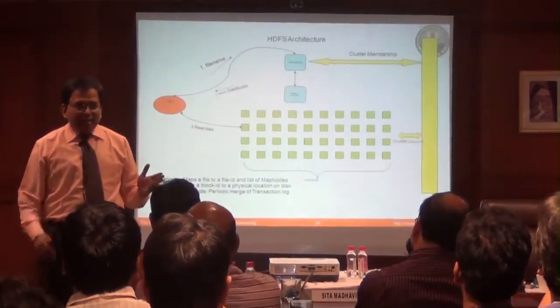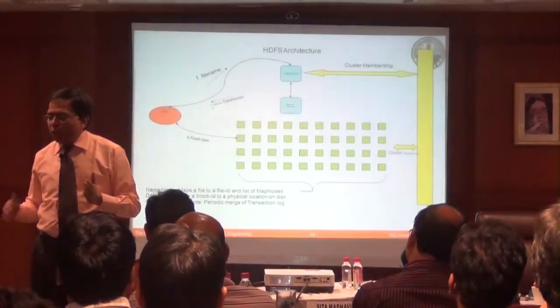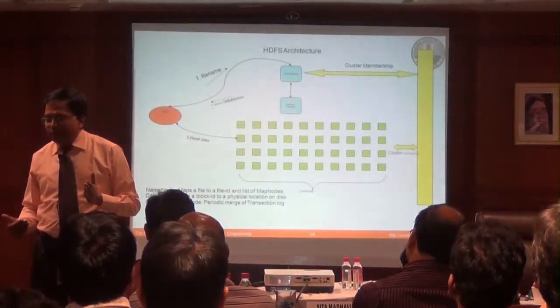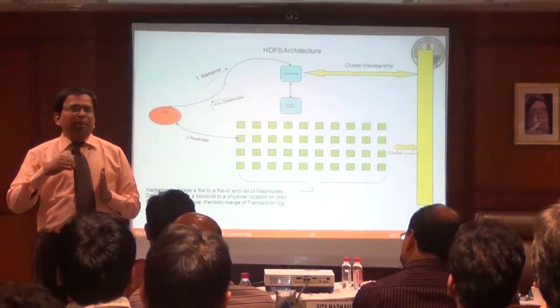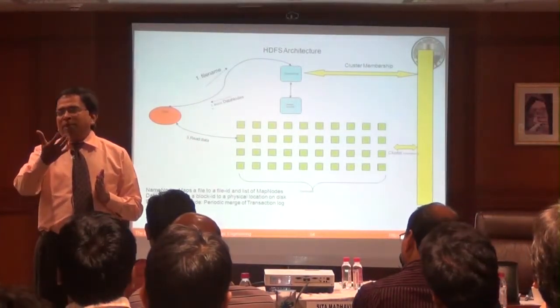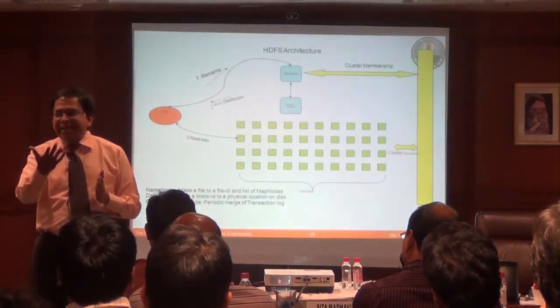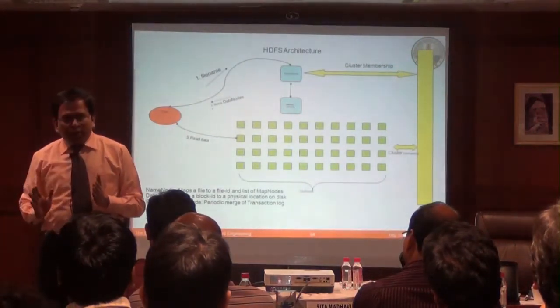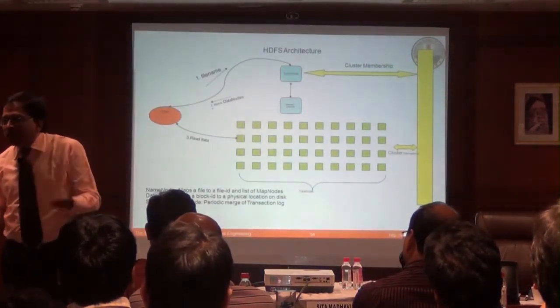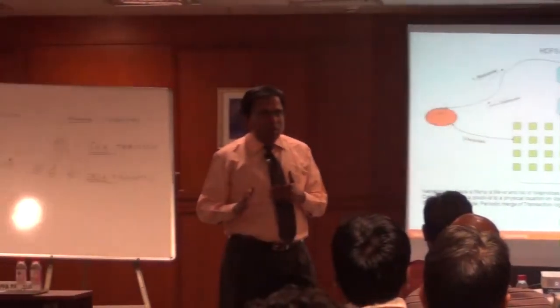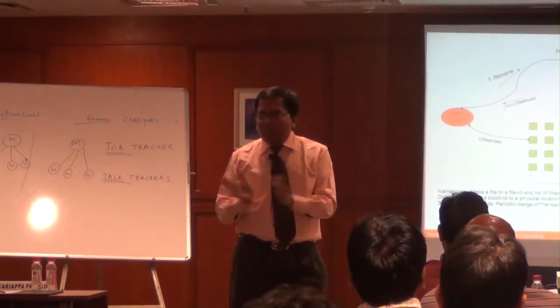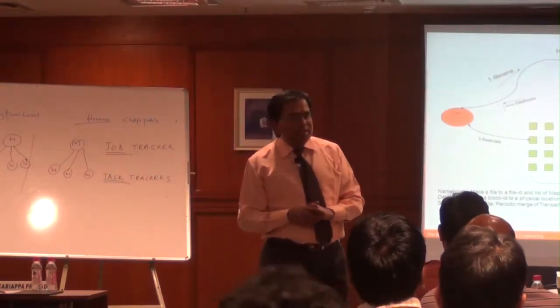If name node fails, secondary name node cannot take over as the name node. What it does is to periodically keep copies of the metadata maintained by the name node. So you can reconstruct up to a certain point from the data maintained in the secondary name node, but you won't be able to do a hot swap between name node and secondary name node.